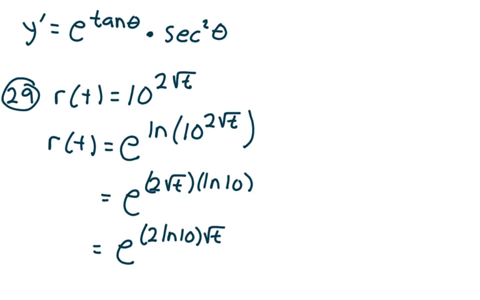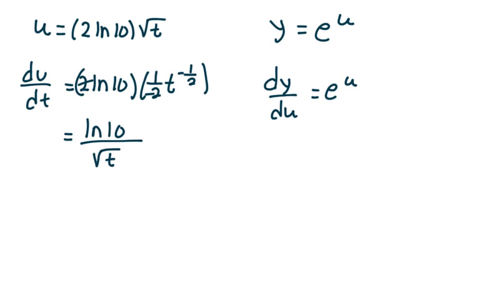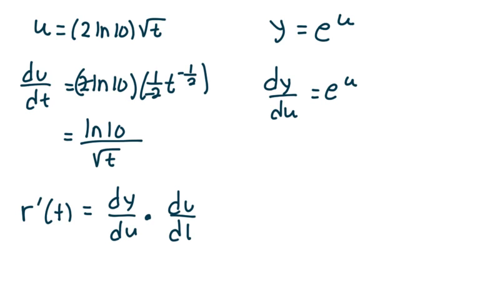And we're in business because now we can get r prime of t. This is dy du times du dt, which is e to the u times natural log of 10 divided by square root of t. But u is equal to 2 natural log of 10 times square root of t.